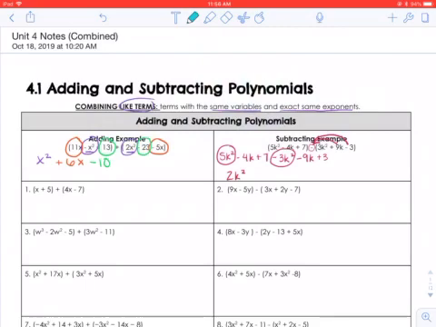Then we can find our k terms. So that's like k to the 1. So I've got a negative 4k and a negative 9k. If I combine those, it's negative 4 minus 9, which is going to give us a negative 13k. And lastly, we'll find our constants. We've got a positive 7 and a positive 3, so I'm going to add a 10.